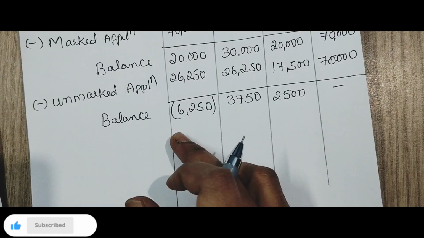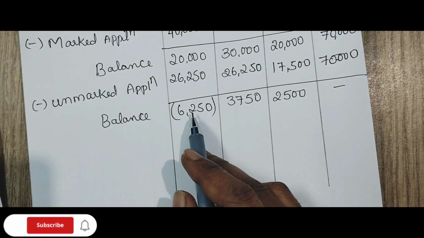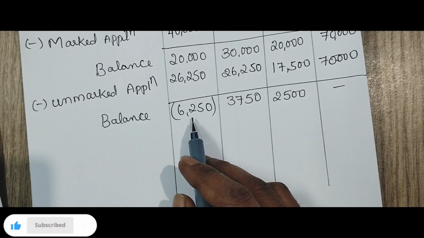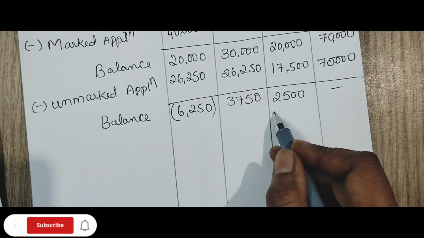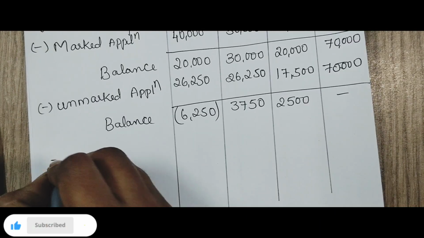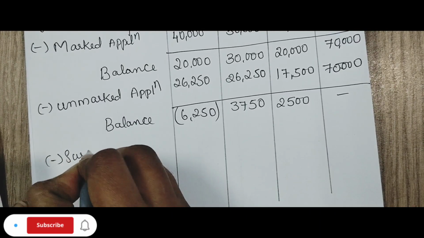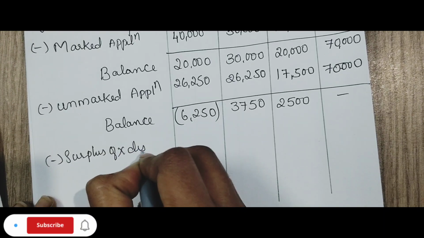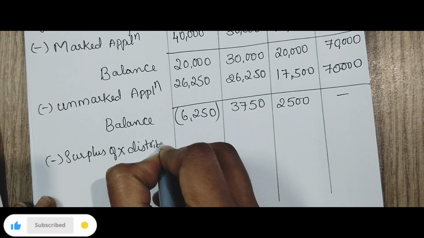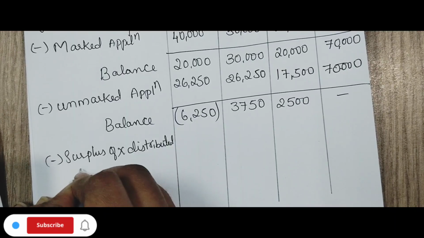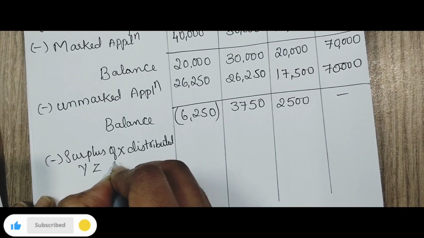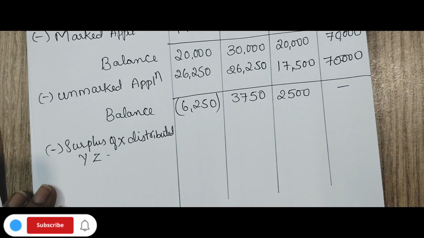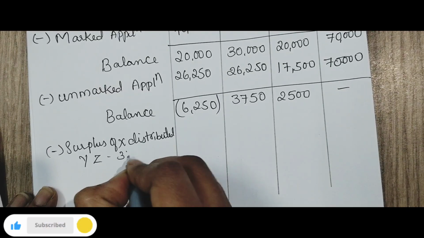Now what you have to do? Here you have surplus. Surplus of X should be distributed to Y and Z. Less surplus of X distributed to Y and Z in their ratio. What is the Y and Z ratio? 3 is to 2.